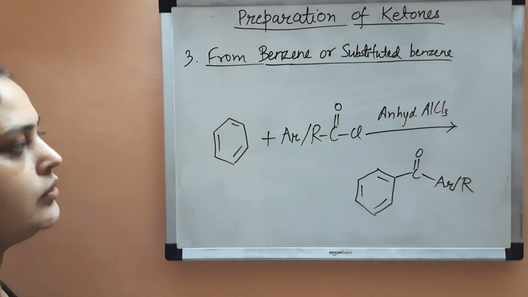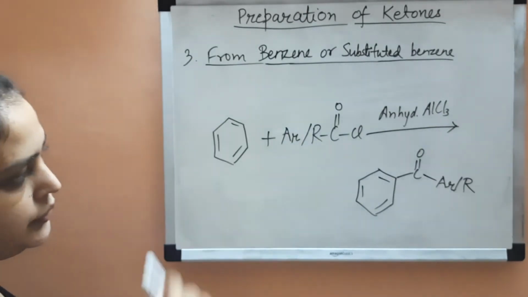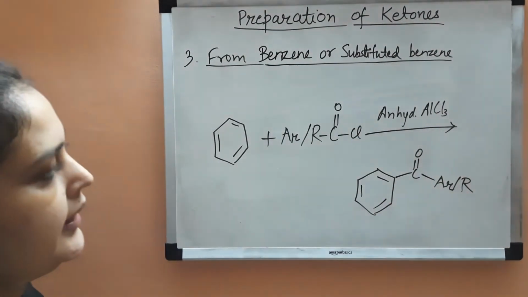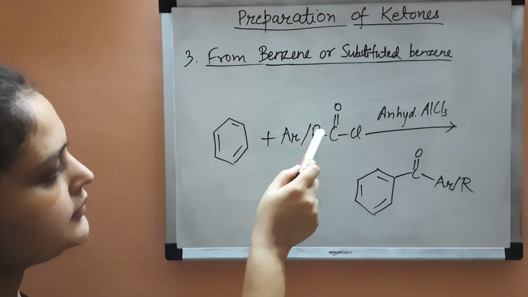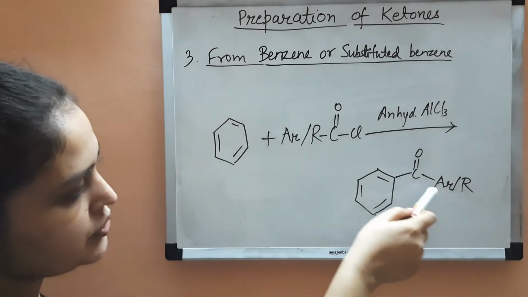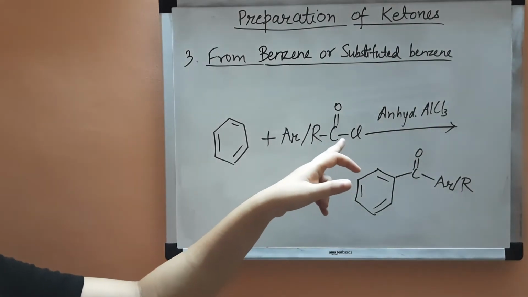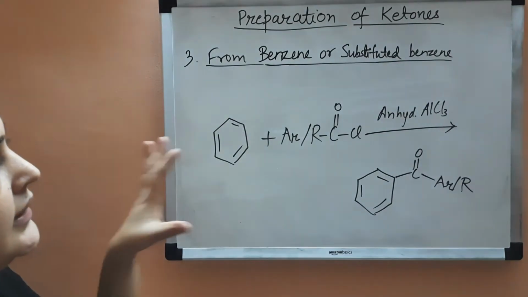In the acid chloride, we can use the aryl group or the alkyl group. Then we will add anhydrous aluminium chloride, and we will get the corresponding ketone. So the RCO group or ArCO group is attached to it, and the chlorine leaves with the hydrogen atom. So this is the last method.